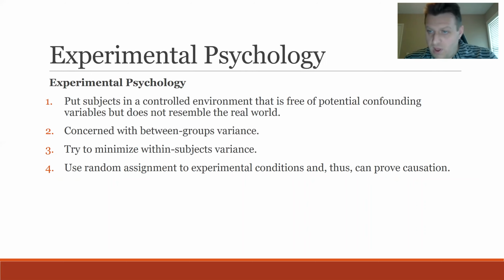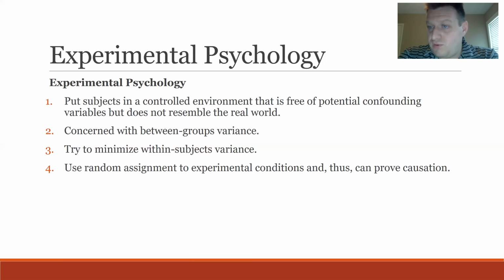For experimental research, experimental psychologists use random assignment to assign subjects to an experimental condition and a control condition. So a subject shows up to our study, and we flip a coin, and if it's heads, they're in the experimental condition. If it's tails, they're in the control condition.